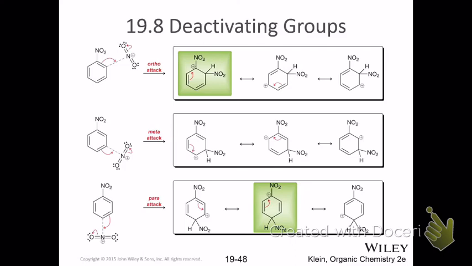The positive charge now is at the nitro group. And as a result, this resonance structure is destabilized. Okay? So the reactions go slower, but they go really slow in the ortho and the para position because of the positive charges being next to each other.